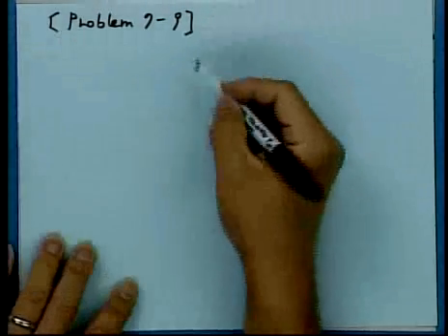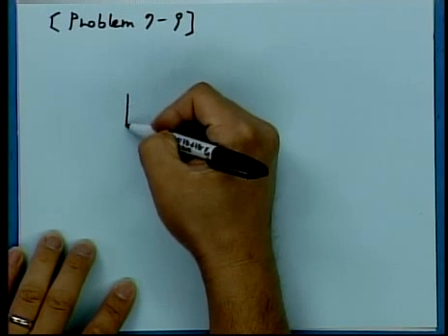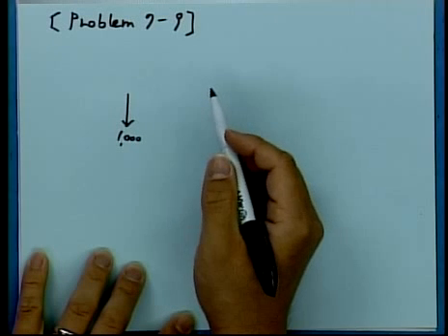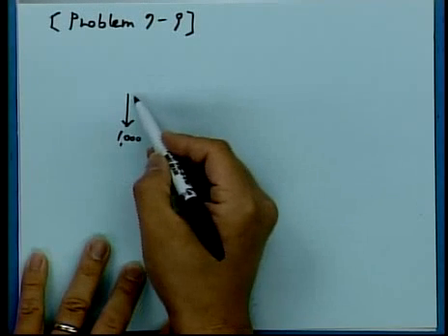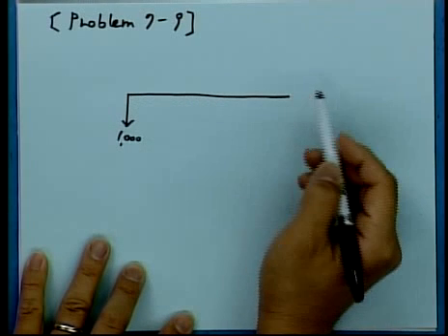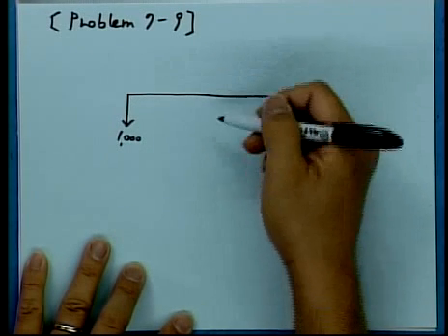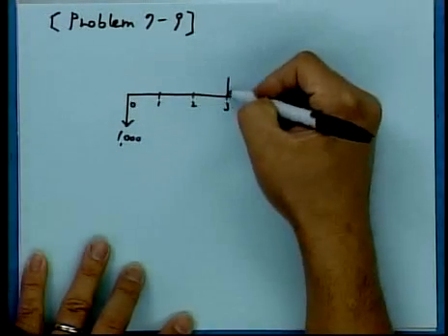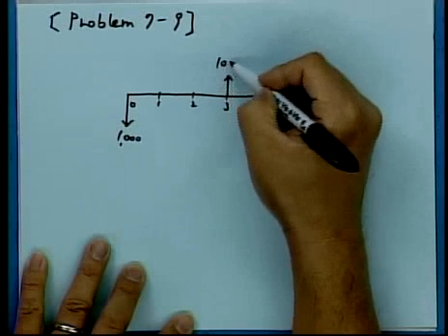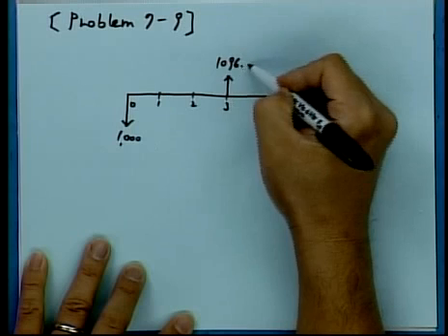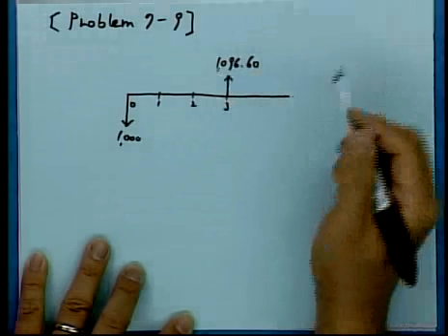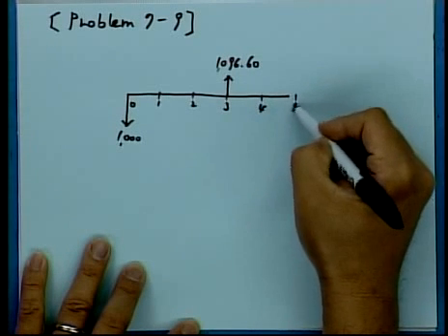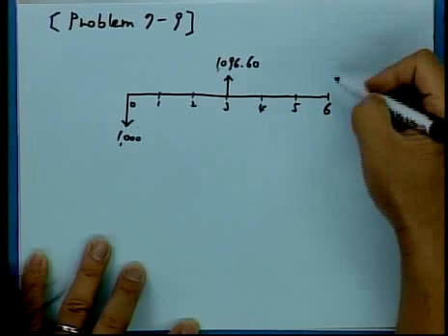So you spent $1,000, and in return receive two payments of $1,094.60, one at the end of 3 years, 1, 2, 3, and the other at the end of 6 years, 4, 5, and 6.